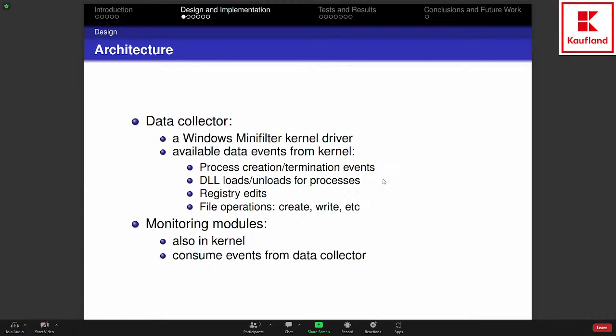So the operating system offers this information, and it is relatively easy to receive. It is a bit harder to correlate it. If you have a process creation, you have to associate it with all the DLLs it's loading or the files it writes in order to monitor the system.